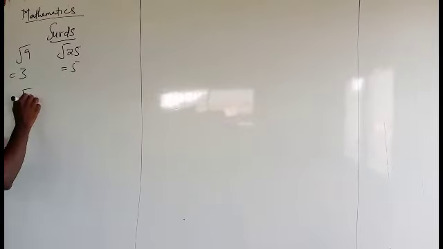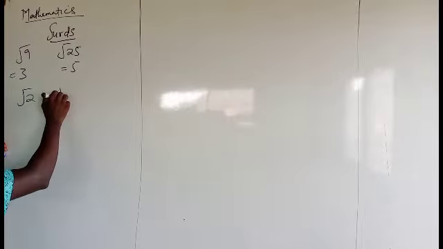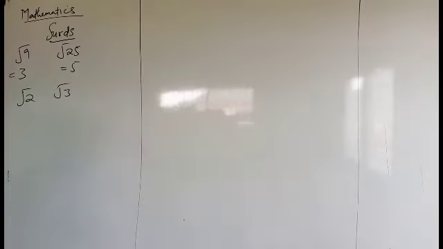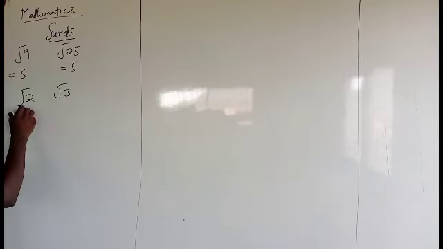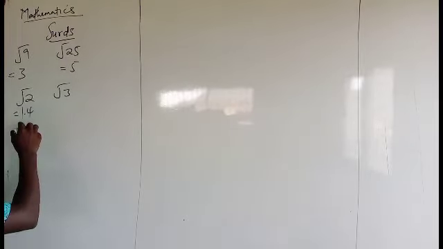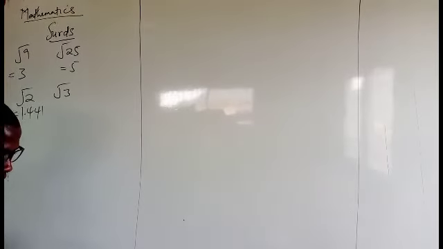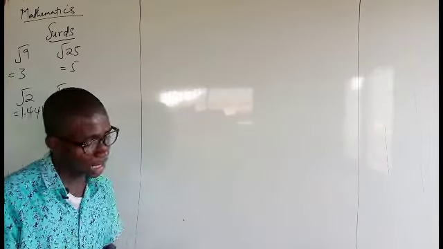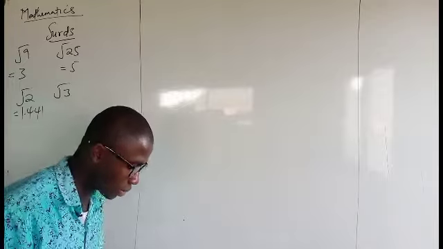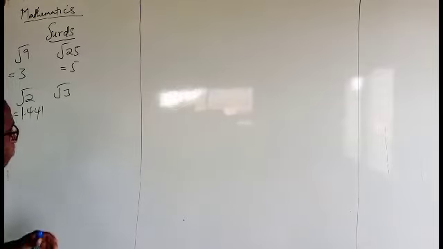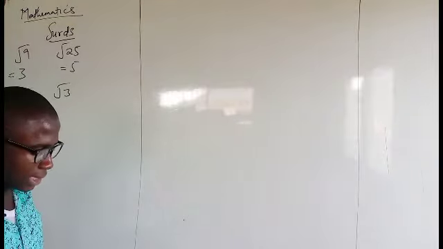But let's look at this. Root 2, root 3. I'm just using two examples to illustrate this. With root 2, we'll get something like 1.41421 36. You can see that this is not giving us the exact value, but these values are in decimals.